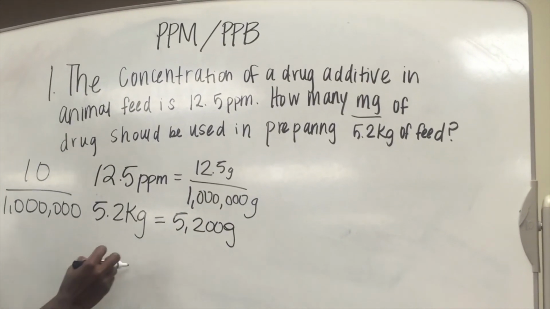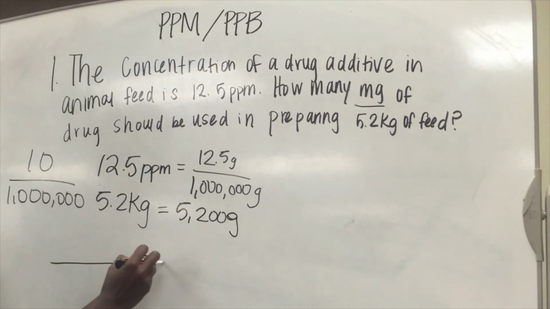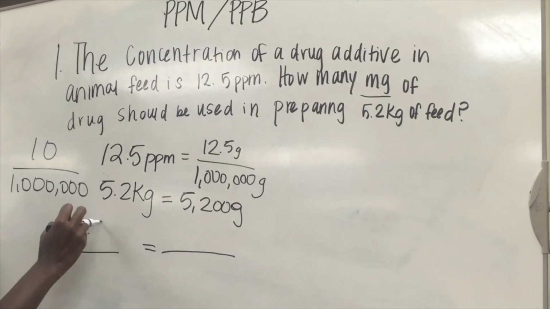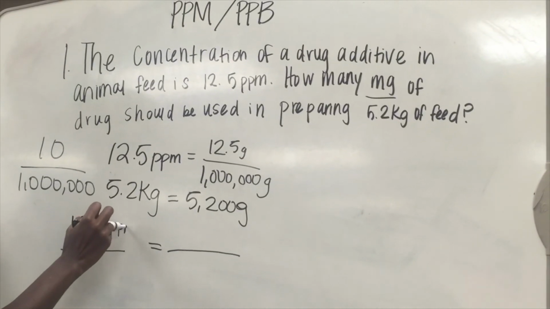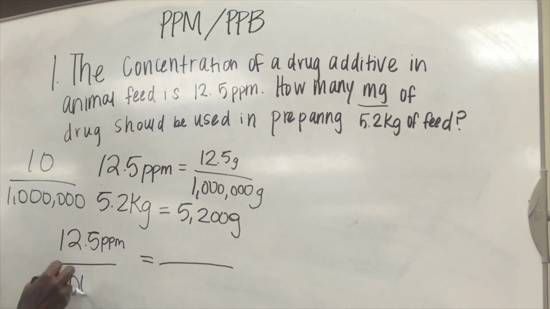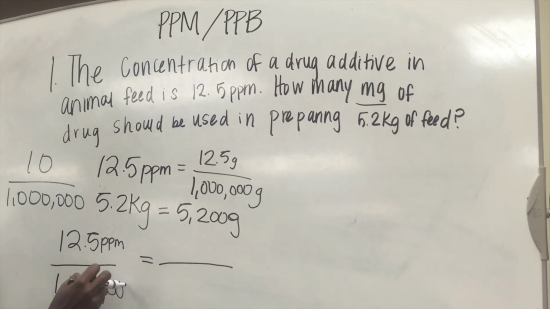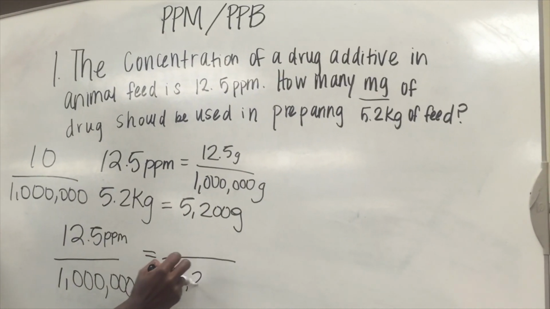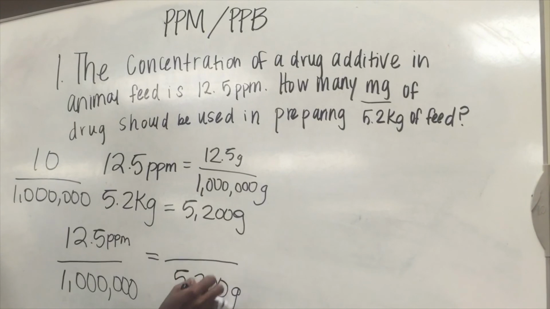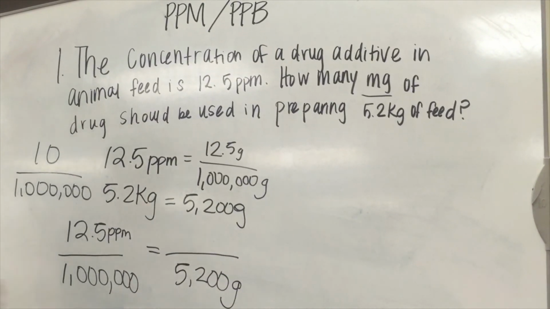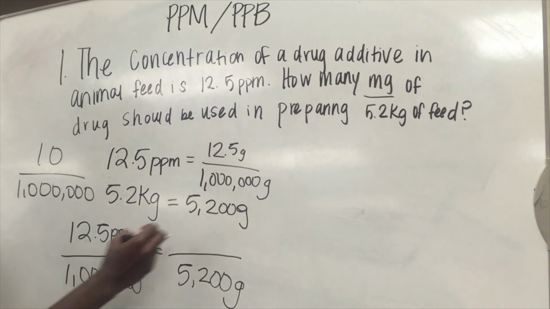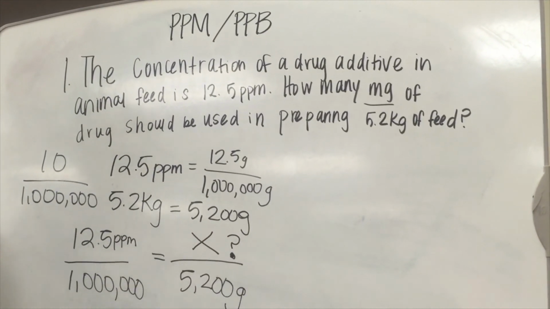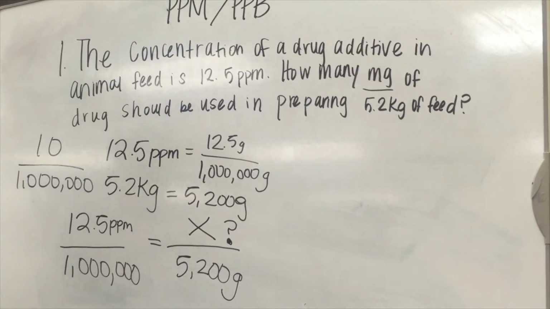Let's go ahead and make our proportion. All right, so we already know that it's 12.5 parts per million here. It's one of our proportions. We also know that we have 5,200 grams as a final concentration here. So we're looking for the active ingredient at 5,200 grams.